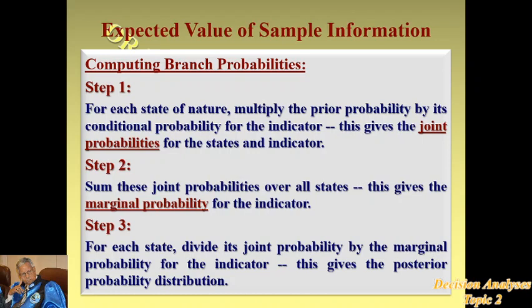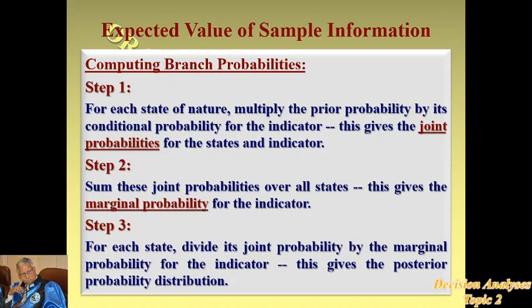Again, computing the branch probabilities can be performed in 3 steps. Step number 1, get the prior probabilities. Multiplying the prior probabilities by the conditional probability of the indicator, the result will be the joint probabilities. The sum of the joint probabilities of all states of nature will give us the marginal probabilities.